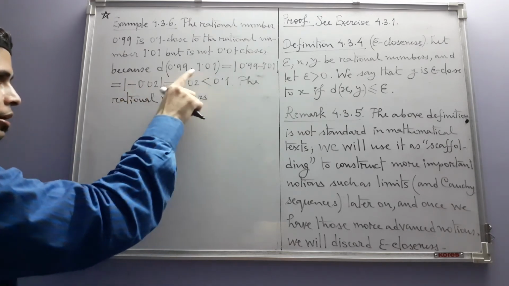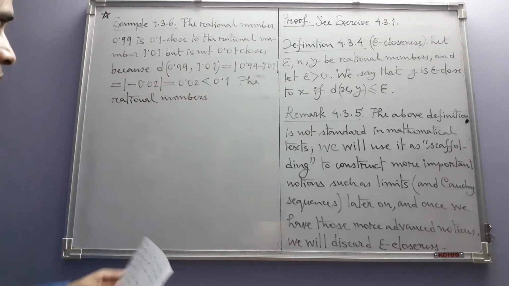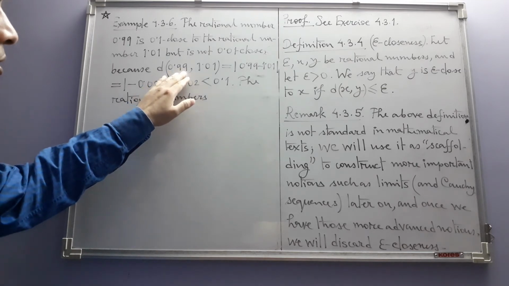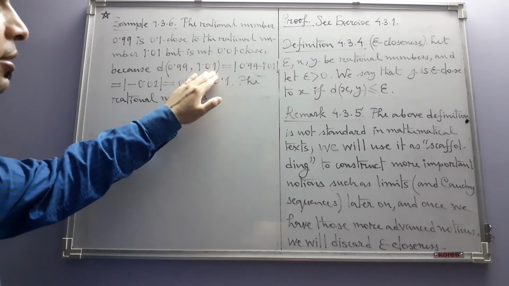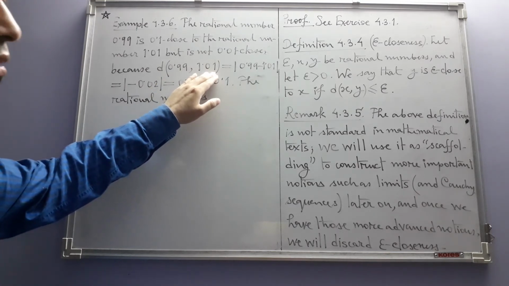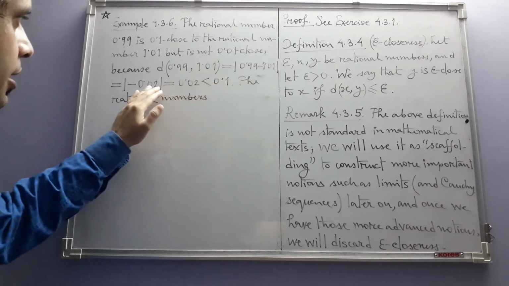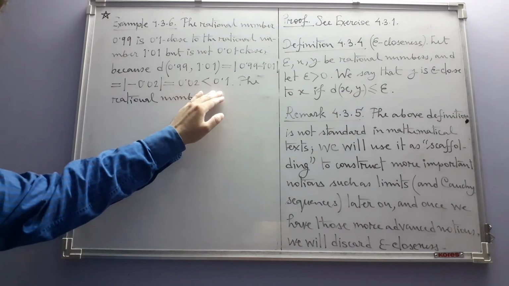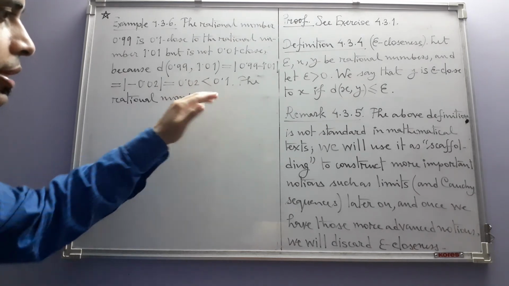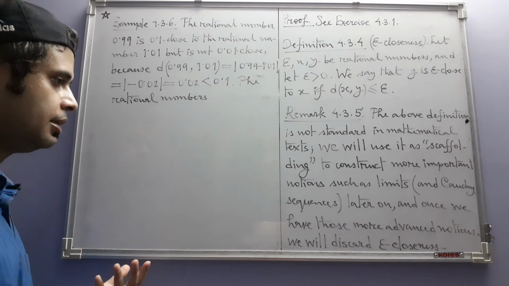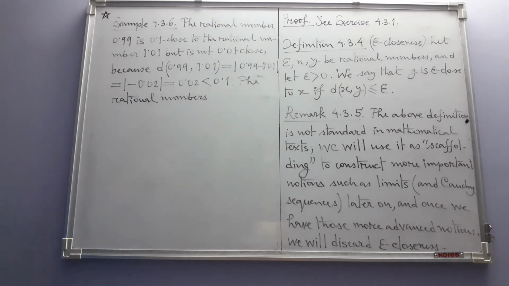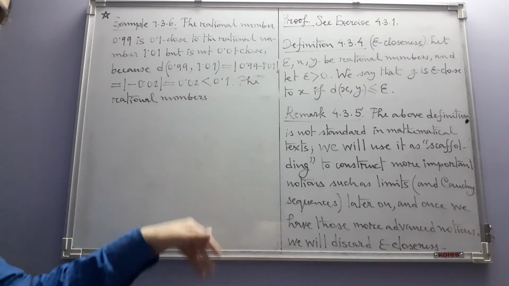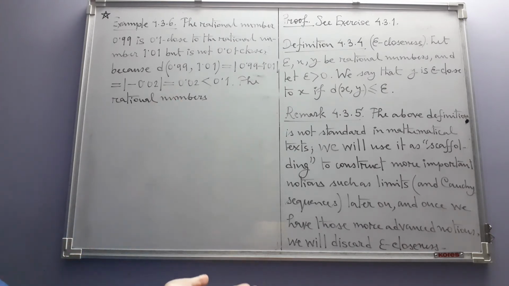These are rational numbers. Okay, you notice that carefully. This is 99 divided by 100, and this is 101 divided by 100. We are using decimal representation to write these things, although decimal representation is something that needs to be carefully developed from all the things that we are doing and all the things we will do.